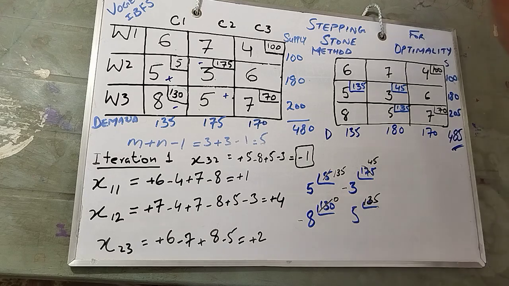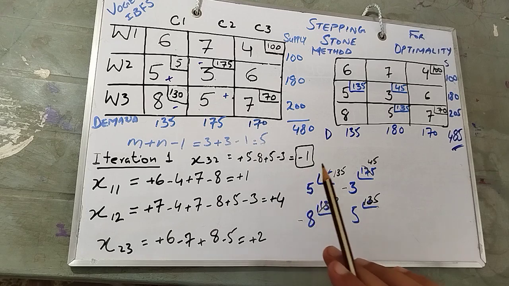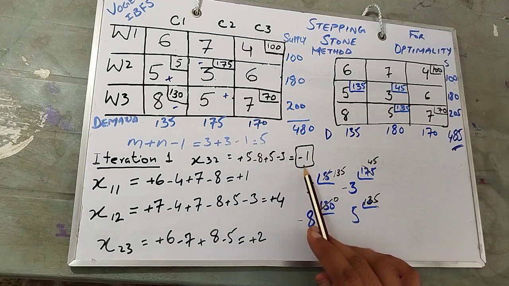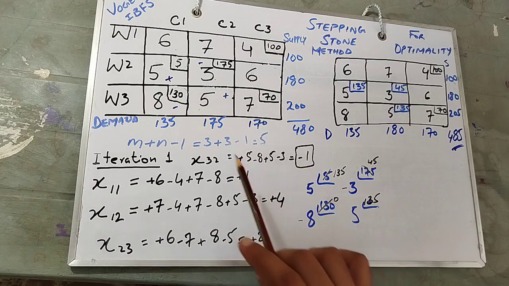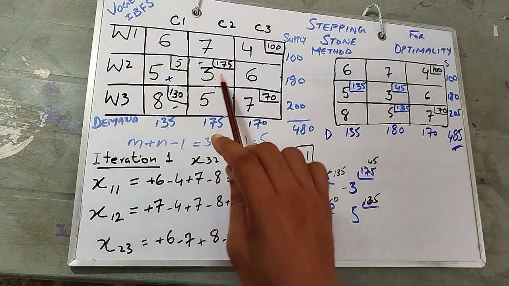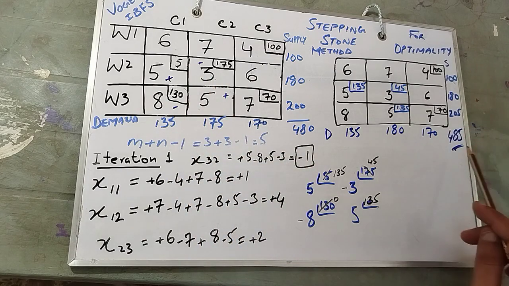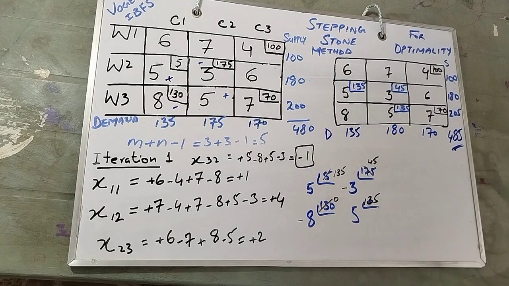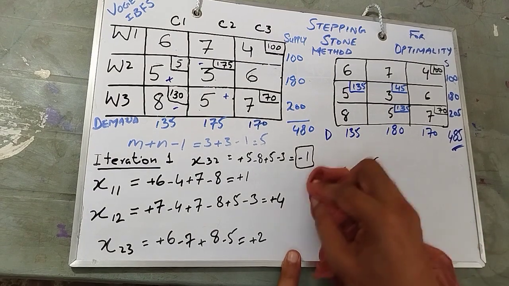So in that context, what we have learned is that whenever we have to change any allocation for optimality because of the minus sign, we need to check the supply and demand again. Remember, okay? Let me rub this out so that we can move on.